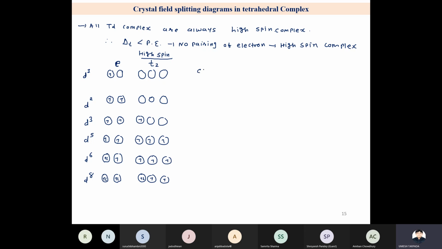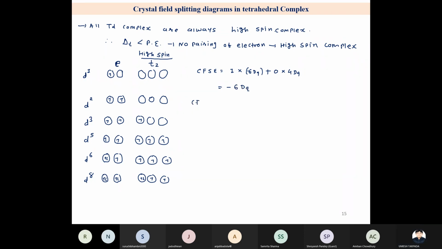If you calculate crystal field stabilization energy for d1, it has 1 electron multiplied with its energy, which decreases by 6 Dq. The T2 energy increases by 4 Dq, but T2 has 0 electrons, so 0 multiplied with 4 Dq is 0, and there is no electron pair, so your answer becomes minus 6 Dq.